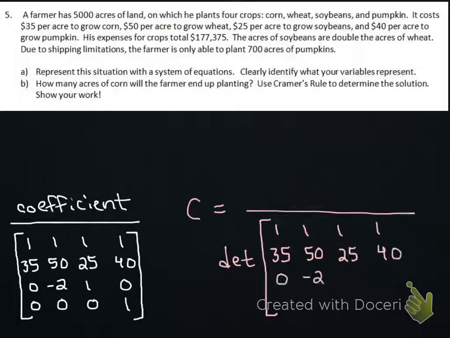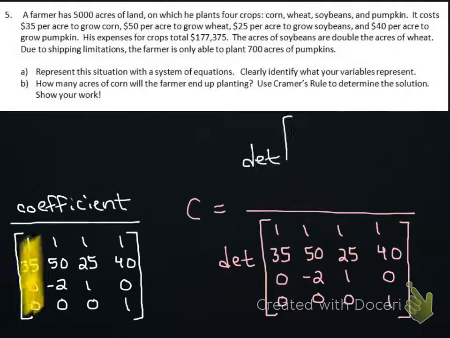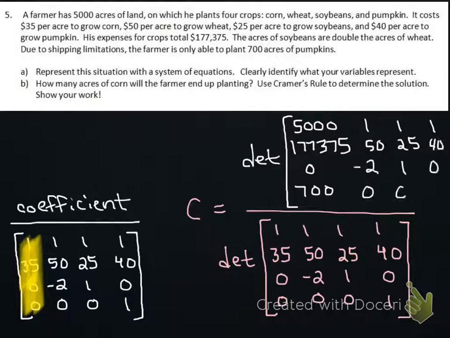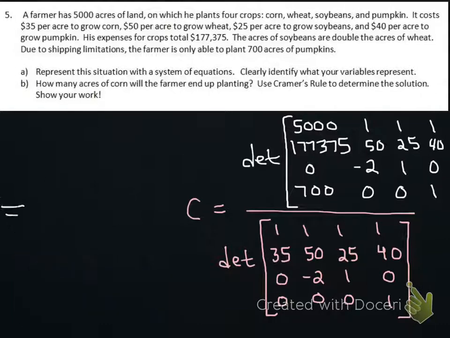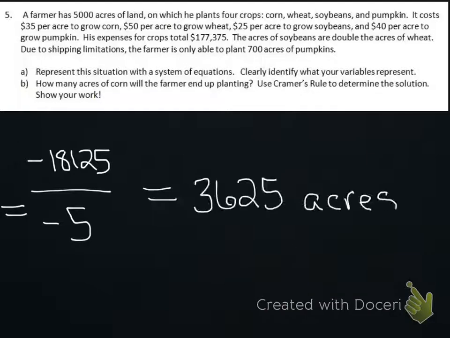And so, again, determinant of the coefficient matrix goes in the denominator, and then we're solving for corn, so we need to replace our first column with the constants in our equation, and then everything else in the top matrix is going to match what we have in the bottom matrix. At this point, it's a matter of putting the information into your calculator to figure out what those determinants are. And these are the values that I got, which gave me a total of 3,625 acres of corn.